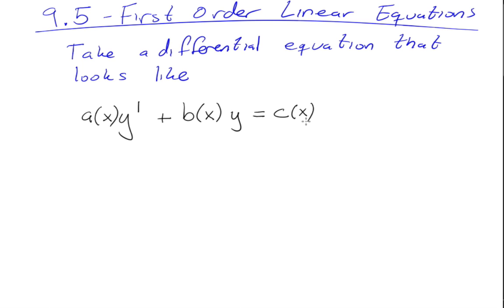Yeah, so all you have is products of functions of x with y and its derivatives. So tell me something simple that I could do to make this not linear. What can I add in there? Yeah, if I add in a y squared, for example, then this is no longer linear, right? Because we have that quadratic term.